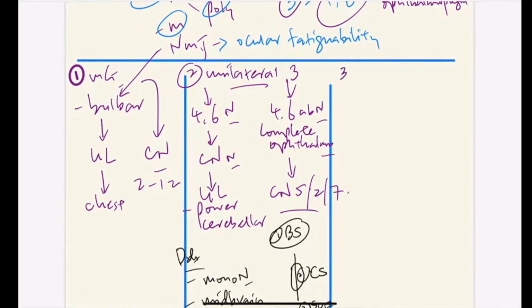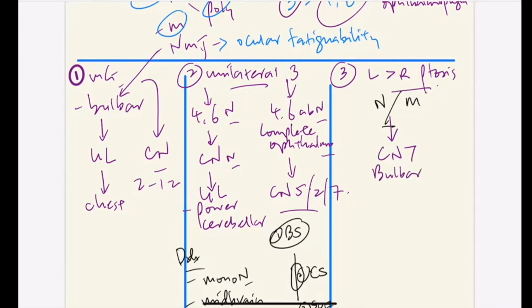The third scenario will be left, or perhaps left more than right, ptosis or bilateral ptosis. Then we should consider whether this is a neuropathy or a myopathy. So first, you want to examine other cranial nerves involved in polyneuropathy or myopathy, especially cranial nerve 7 and the bulbar system for bulbar weakness as well.